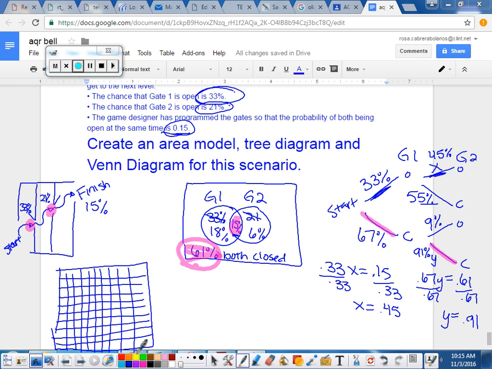I'm going to represent gate 1 with lines going that way. I'm going to represent gate 2 with lines going the opposite, and both with lines going both ways. According to my Venn diagram, they're both open 15% of the time, so I'm going to have 15 of these squares. So I'm going to color in 15 with lines going both ways.